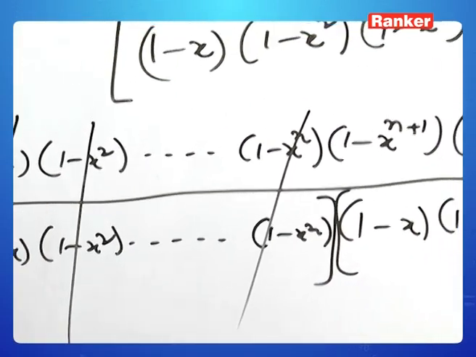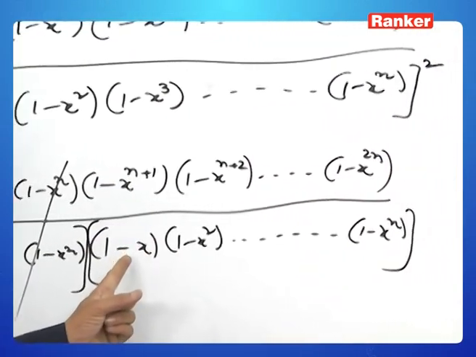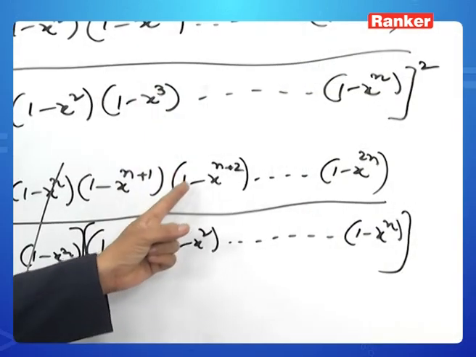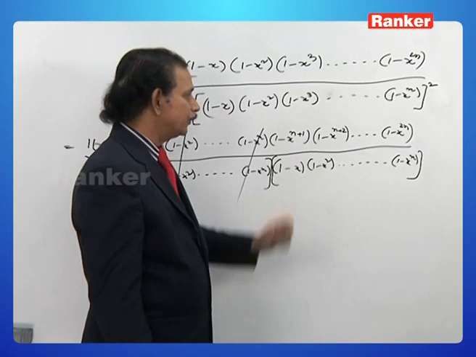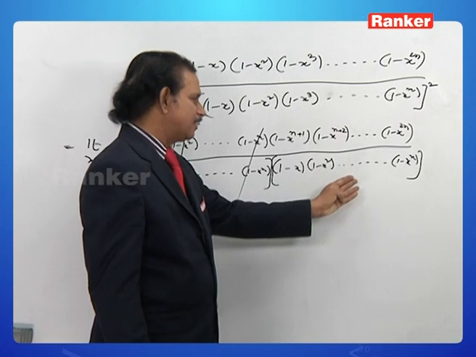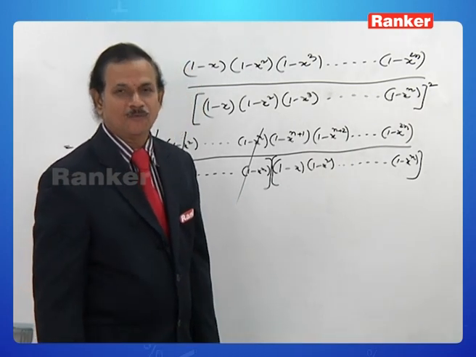Now you observe x tends to 1. (1 minus x^(n+1)) by (1 minus x), n plus 1 by 1. (1 minus x^(n+2)) by (1 minus x square), n plus 2 by 2. (1 minus x^(n+3)) by (1 minus x cube), n plus 3 by 3. How?